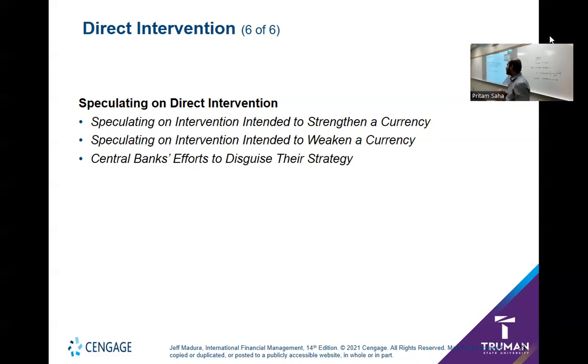Because if the US wants to strengthen the US dollar against the pound, and speculators and traders want to make money from it, the US government may not achieve that stability. They may not achieve control of inflation, all these things. Similarly, the same thing is going to happen if they are planning for a weak US dollar, but speculators already have it in their trading strategies to make money. Central banks always try to disguise all of these efforts.